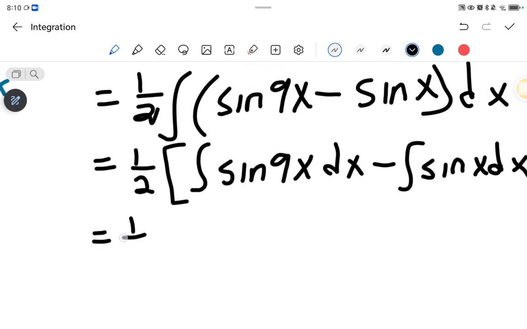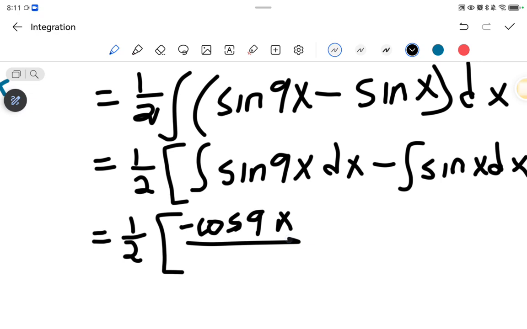This will be equal to 1 over 2. Remember, when we differentiate positive cos, we get negative sine. When we differentiate negative cos, we get positive sine. So it means that when we integrate positive sine, we're going to get negative cos. You see right now? Then I divide by the derivative of the inside.